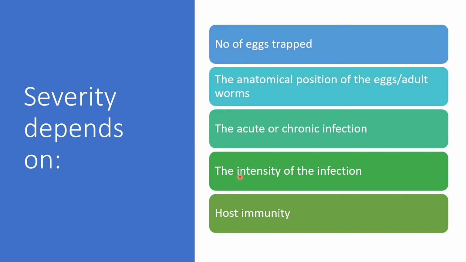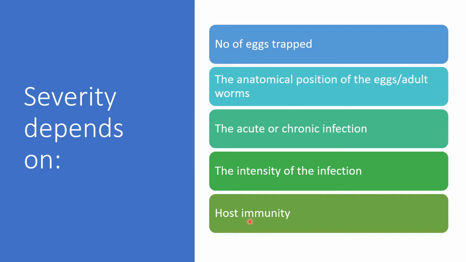The intensity of the infection will also determine the severity. For example, light intensity, we are talking about less than 100 eggs per gram; moderate intensity, more than 100, close to 400; or severe when it is greater than 400 eggs per gram. Just like saying the number of eggs trapped, right?